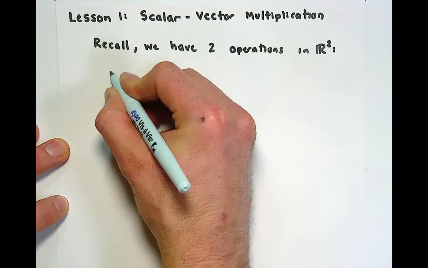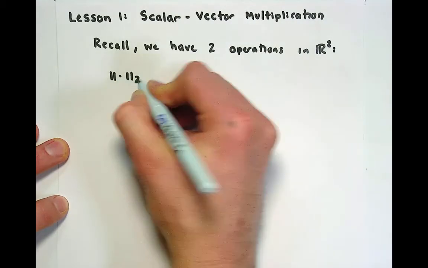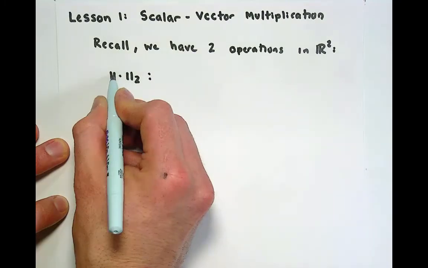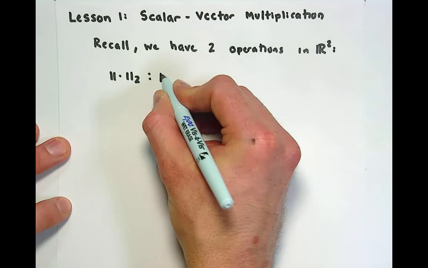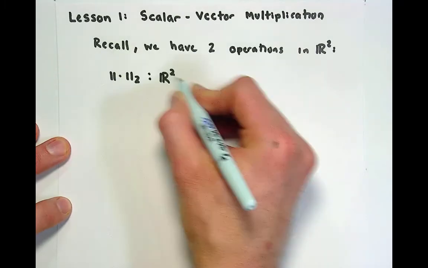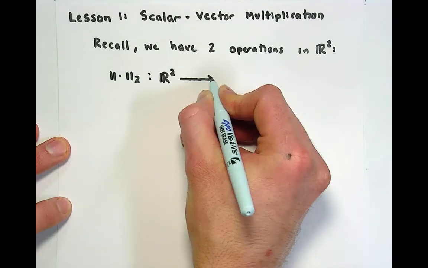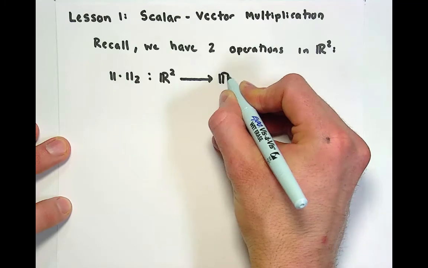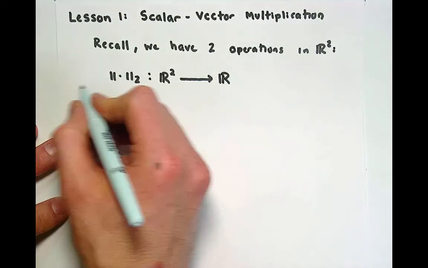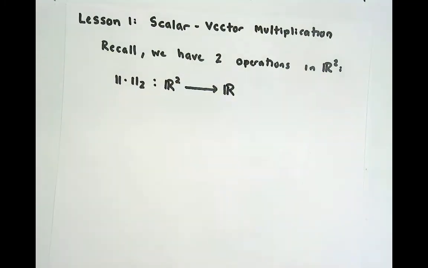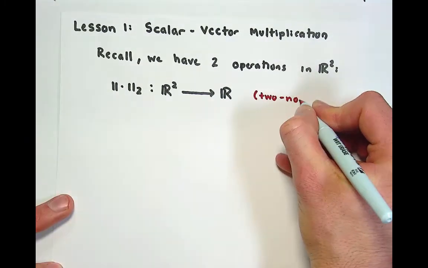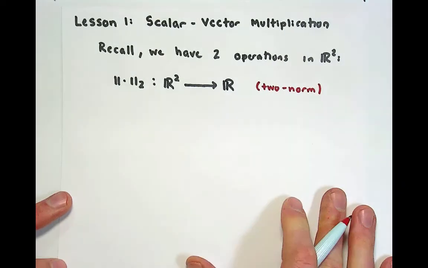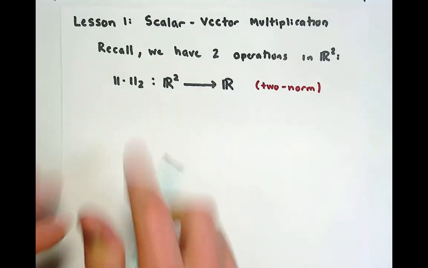One of them was called the 2 norm, which we represent with double vertical bars. And this goes from R2, the input, the thing that we put in is R2, and the output is a real number. So this is called the 2 norm, also known as the magnitude.